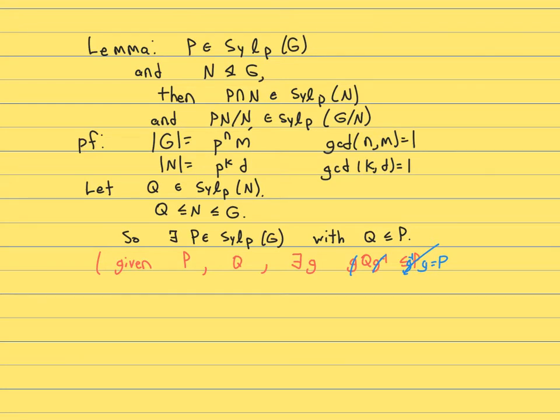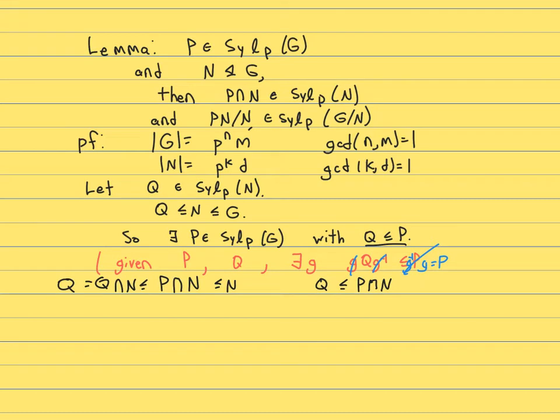Alright, so then what happens when I intersect P with N? Well, I get a subgroup of N. And because of the way this intersection works, Q intersect N is also a subgroup here. Oh wait, but that's already Q, because Q is a subgroup of N already. So we see that Q is a subgroup of this intersection.